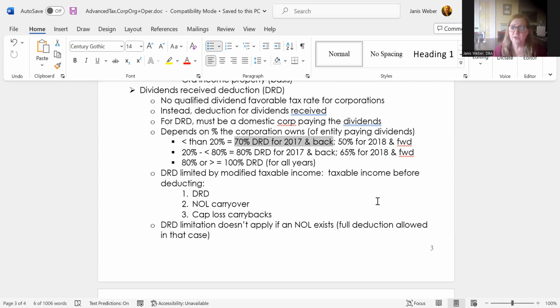The limitation does not apply if there's an NOL that was about to happen. In those cases, you would get the full deduction of the amount that's allowed for that ownership level. That is another complicated topic in this chapter, and we'll practice some exercises related to it in another video.